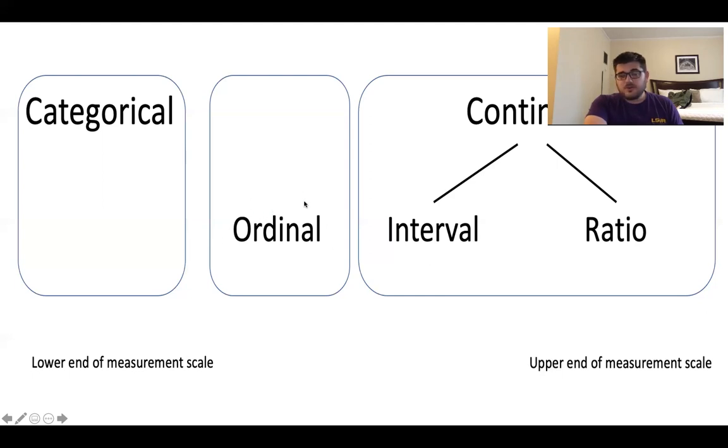Ordinal variables are kind of an evolved version of categorical variables. An ordinal variable has that same, you're either in category 1 or you're in category 2, but the categories have some sort of order to them. So the example I was going to use earlier is, what if you want to study trends over someone's time in college from freshman to sophomore, junior, and senior?